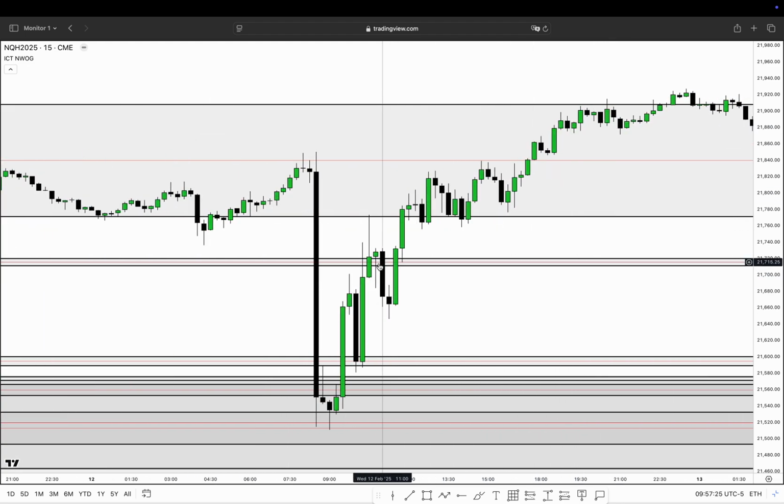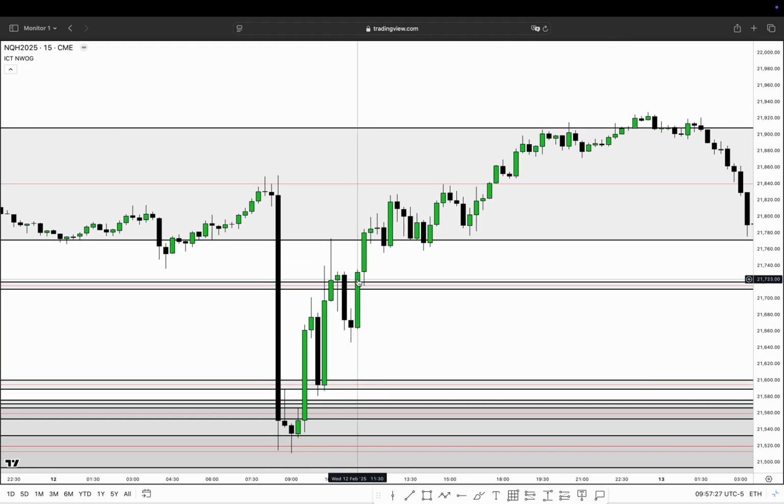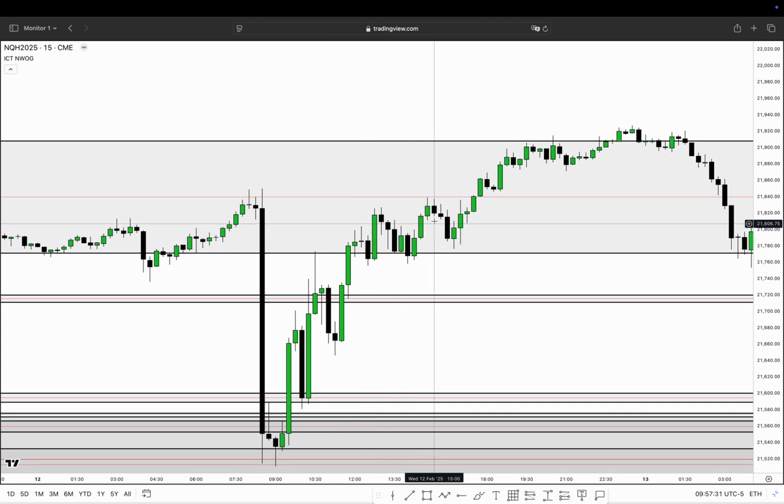And once we are leaving this gap, we come back again and we reprice this new week opening gap, and we reach the 50% here.